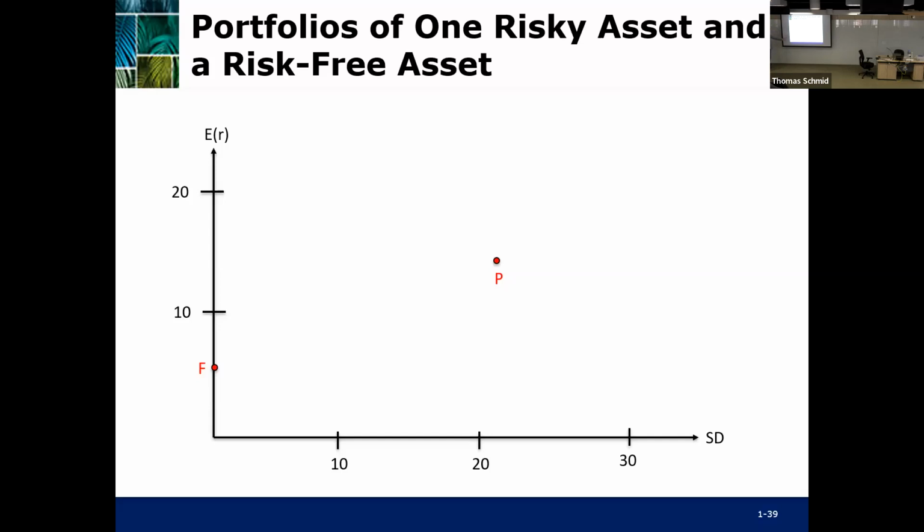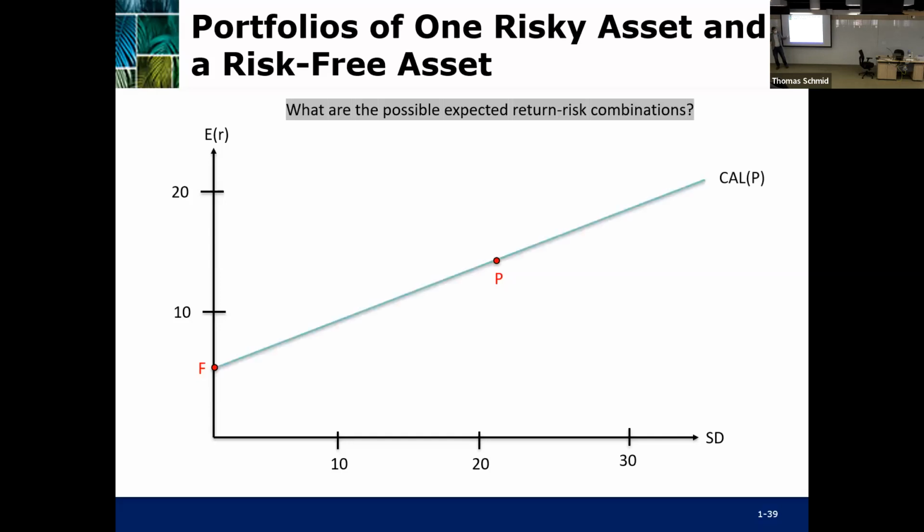So, are these all possible investments in our two-asset world? Right. Obviously not, right? Because now we can combine F and P. And where are all the combinations of F and P? Where are the risk-return combinations of the portfolios that consist of F and P? Well, this is exactly the straight line.